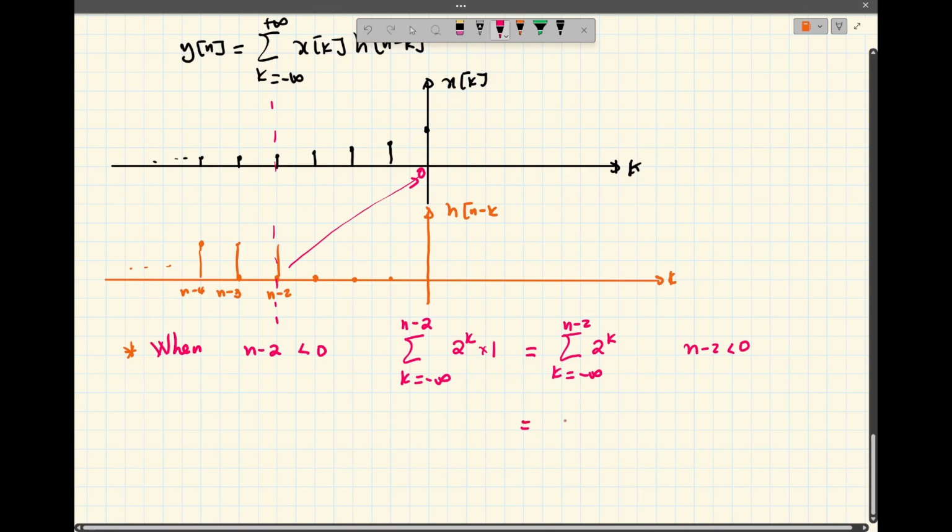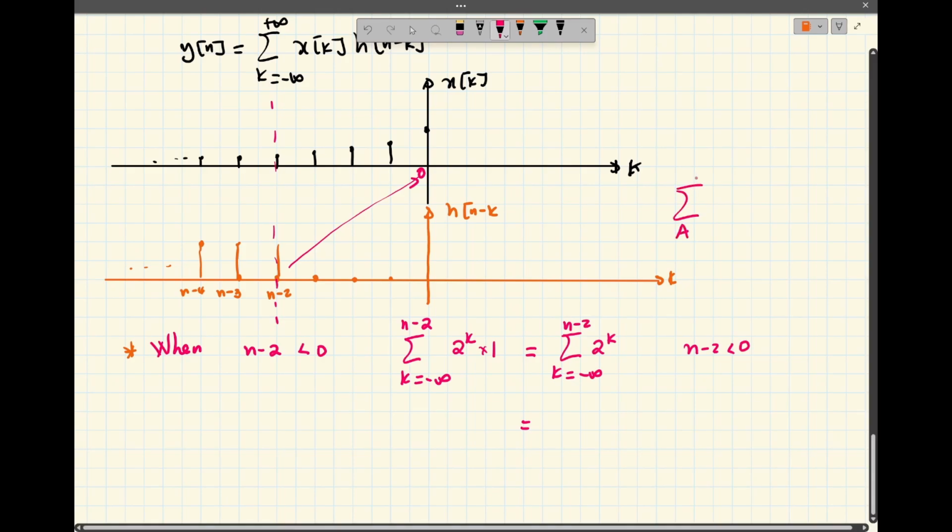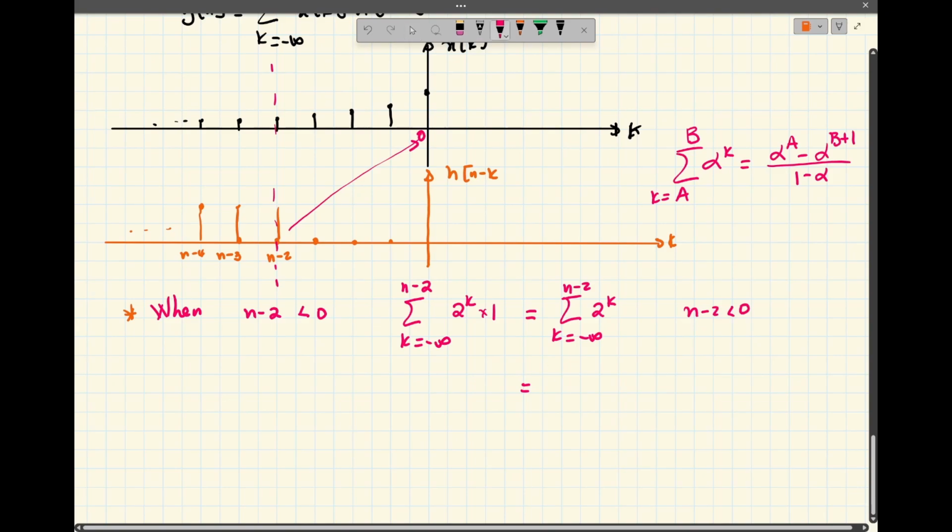So this gives me, from the previous video, the summation formula. When I have the sum from a to b of alpha to the k, it is alpha to the a minus alpha to the b plus 1, divided by 1 minus alpha. We're going to apply that formula here: 2 to the minus infinity minus 2 to the n minus 2 plus 1, over 1 minus 2.